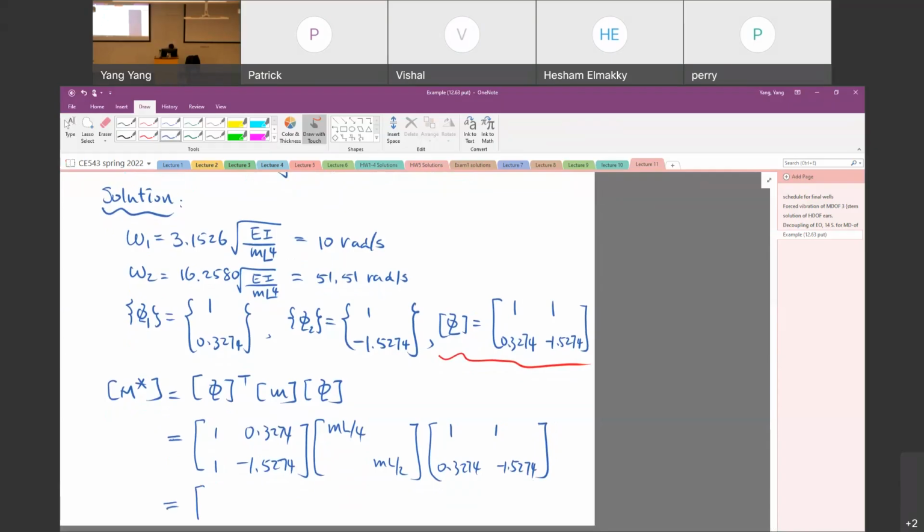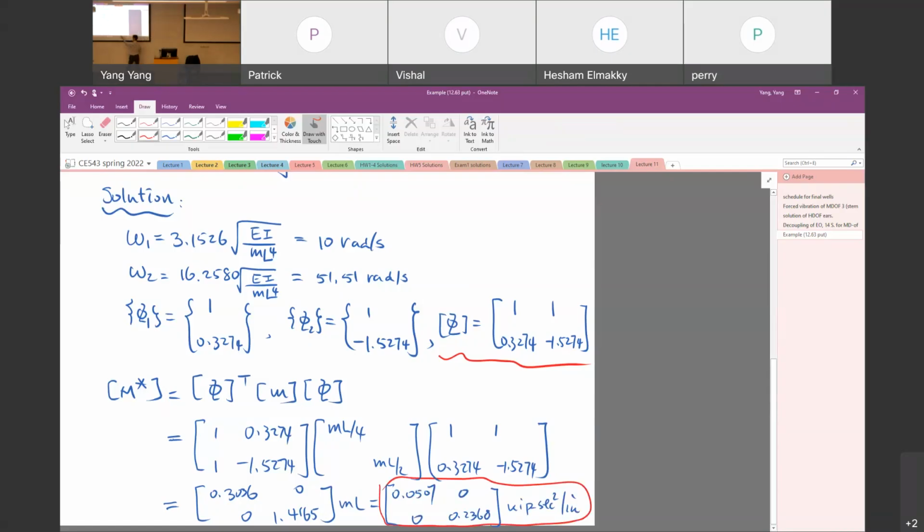And we should be able to get the new mass matrix, which is the mass matrix star.